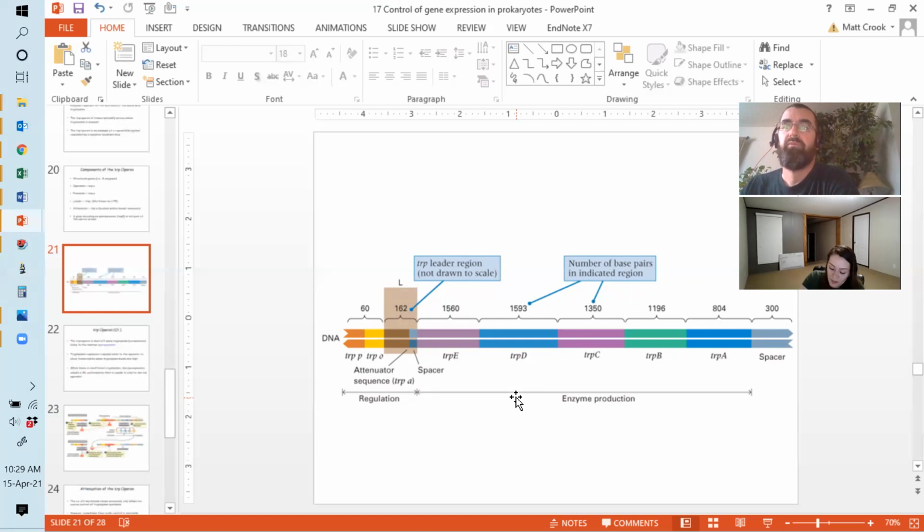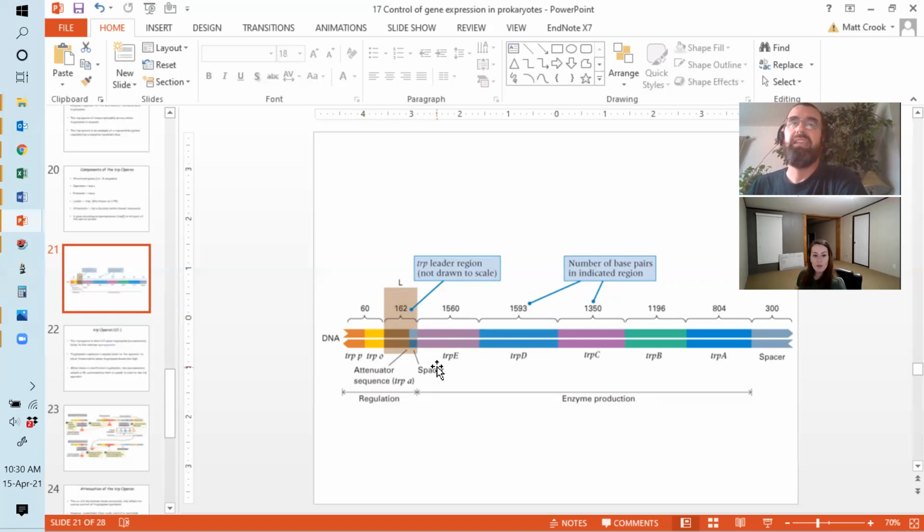Hopefully I'm leading up to this. Transcription and translation are coupled. So essentially the translation of that leader region, that little stretch of mRNA that doesn't really encode anything useful, well, I mean, it does, but it's not going to turn into an enzyme, right?